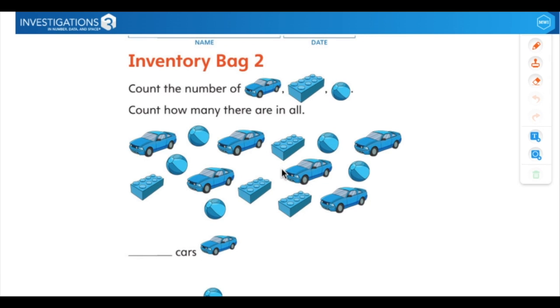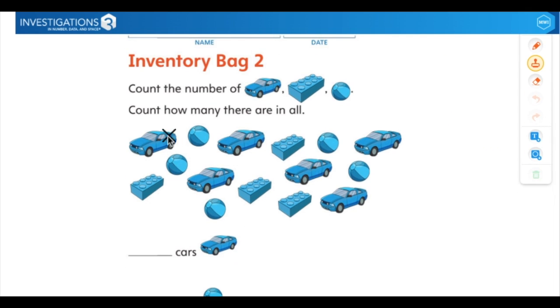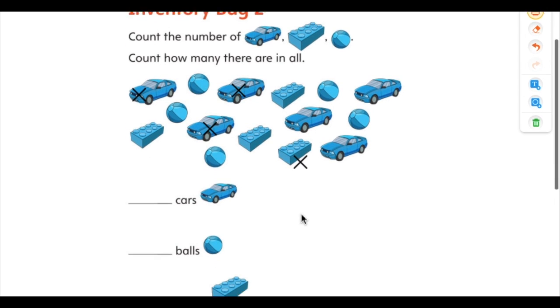Now, I want to remind you that a good mathematician marks when they count so they don't get confused. So maybe this might be an easy way. I can use my X, and when I count cars, I can count 1, 2, 3. It doesn't matter what you use, but you need to mark when you count so you don't get confused.